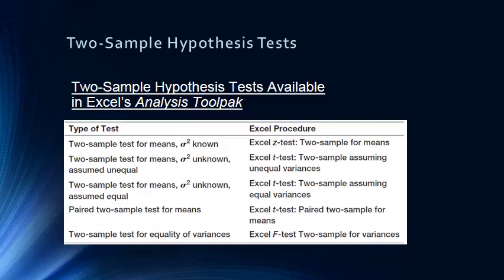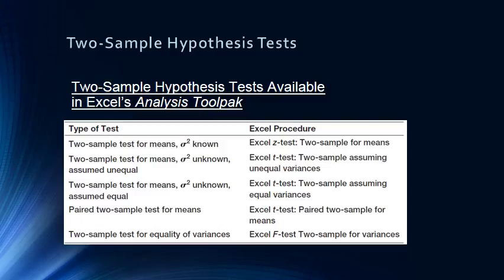Two-sample hypothesis tests are available in Excel's Analysis ToolPak, and we see the types of test: the z-test, when you have a known standard deviation; the t-test, when you don't know the standard deviation and you use s for the standard deviation of the sample, sorry, not the population.